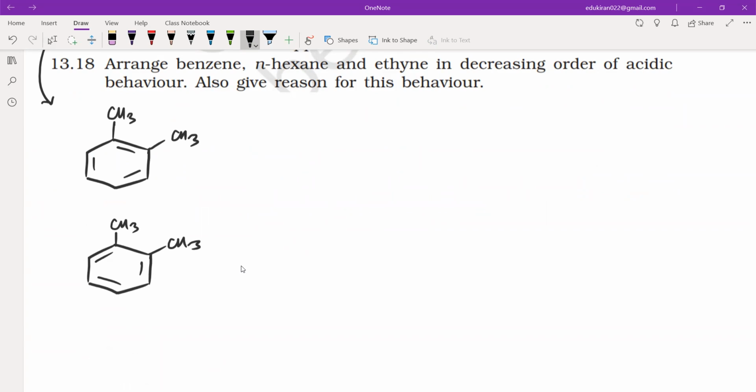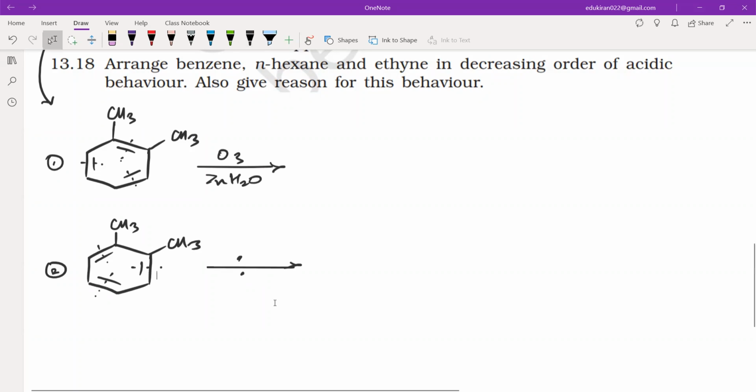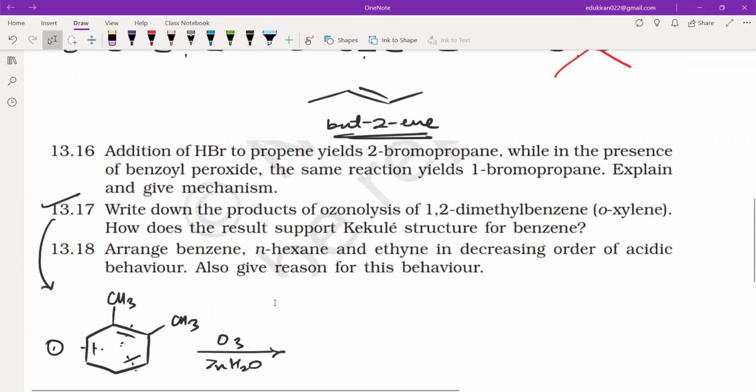Because we know that it is not a complete double bond, they are partial double bonds. So you can assume that benzene can sometimes behave as the first structure and sometimes as the second structure while giving the ozonolysis reaction. Zn, H2O. Similarly here also, you will be breaking these bonds. Right. So it can get messy, but you can draw the product for the 17th one.